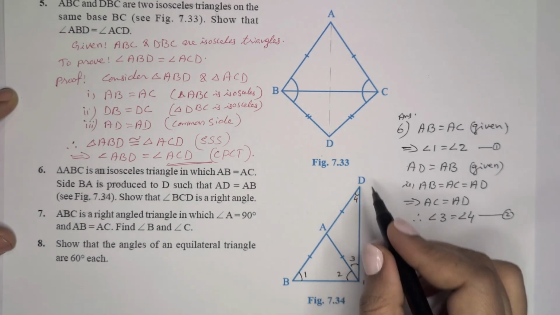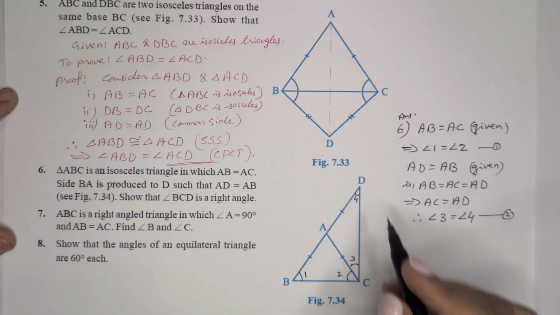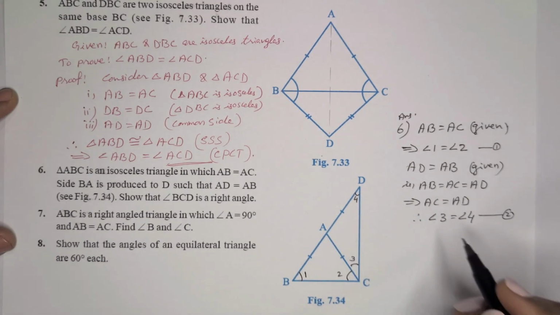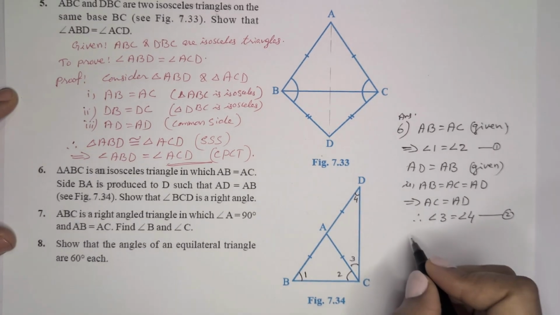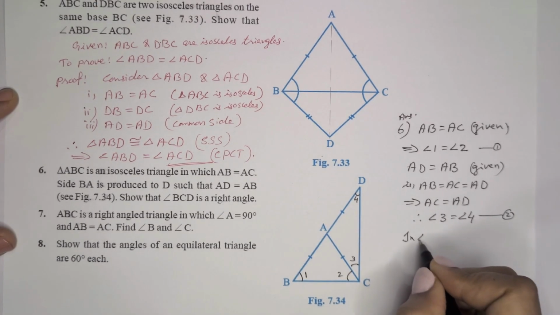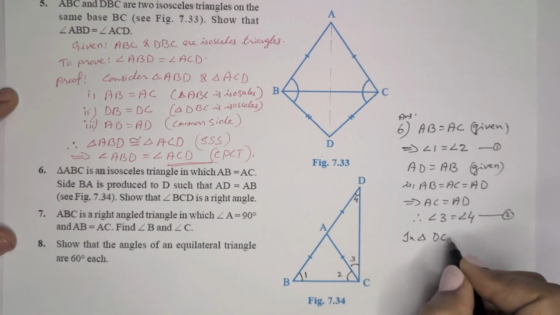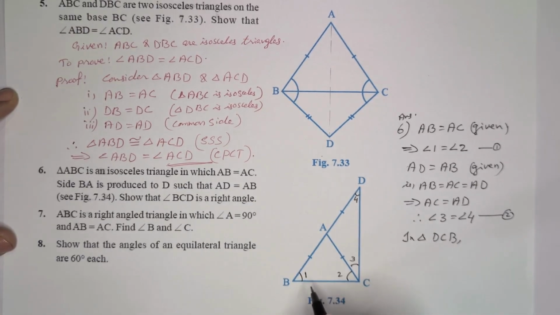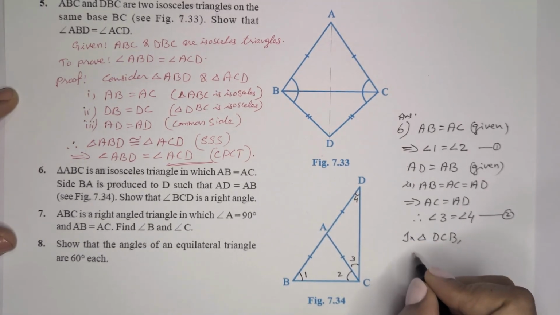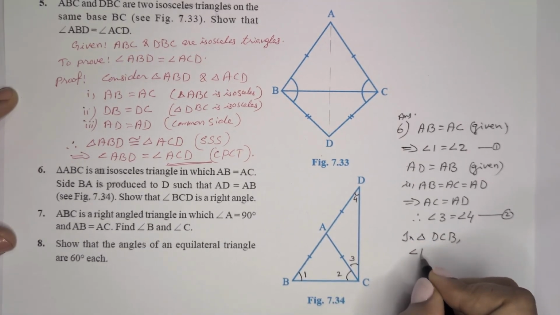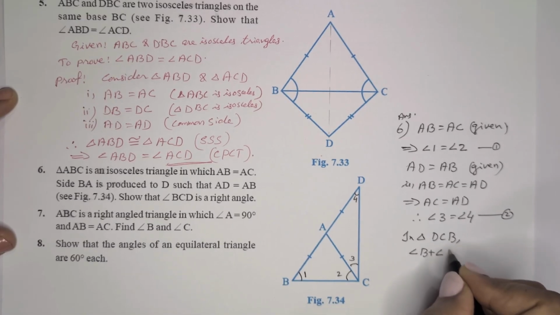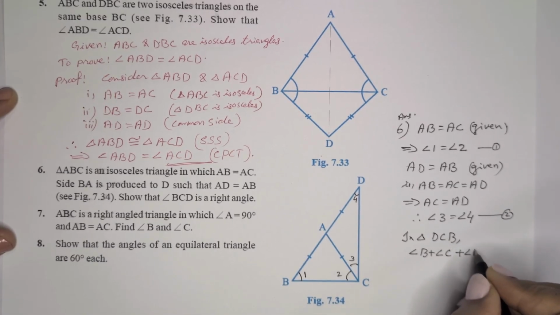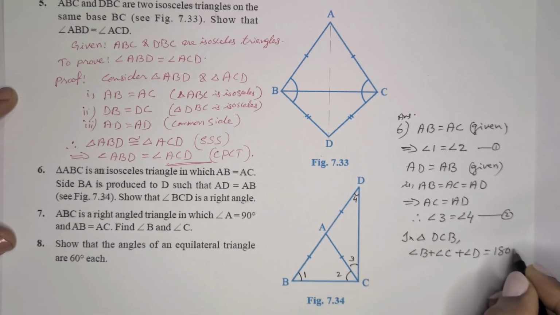Now in triangle DBC, we know that angle B plus angle C plus angle D is equal to 180 degrees, angle sum property.